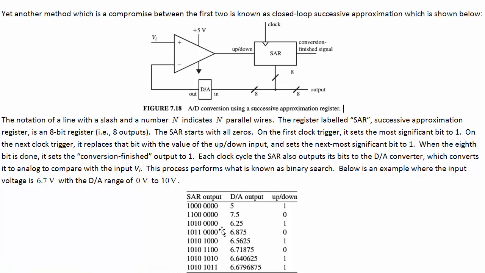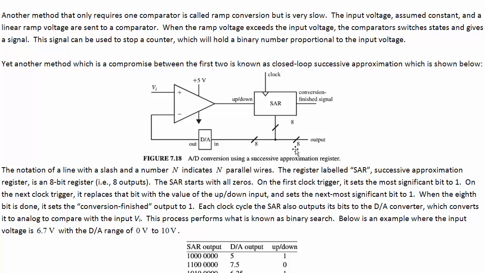So first it starts off with 1, 0, 0, 0, 0, 0, 0, 0, and then we run this through a D to A, so we convert that output back into an analog signal. These mean that there's 8 wires going through here, 8 going over to the D to A, and we compare the input to that using this op-amp. So the input doesn't actually go to the SAR, it goes through this one comparator. We only need one op-amp to do it this way.